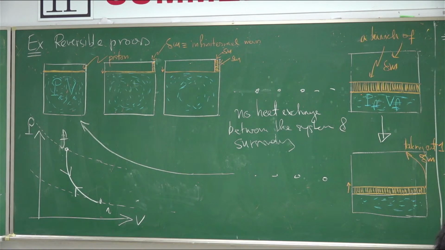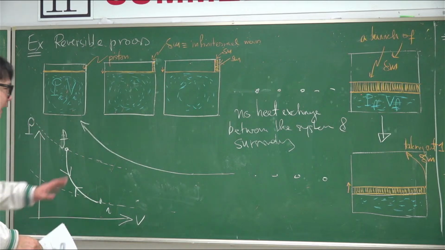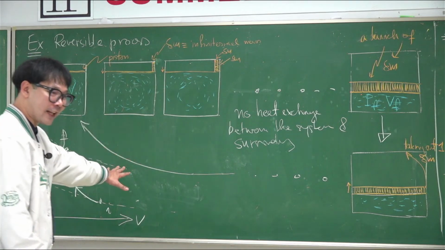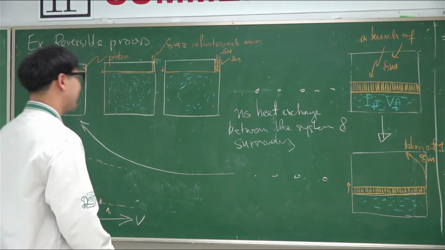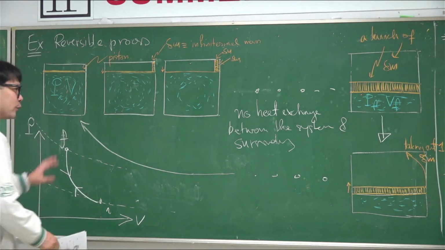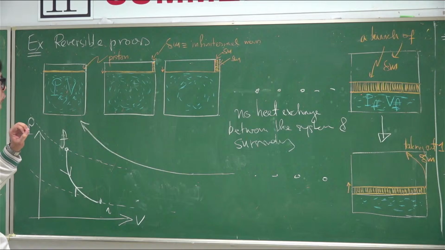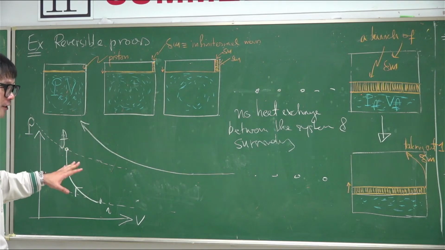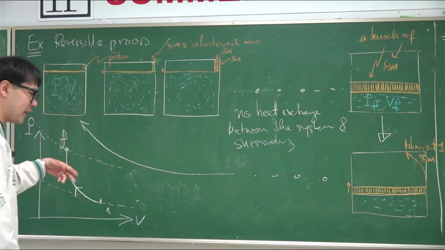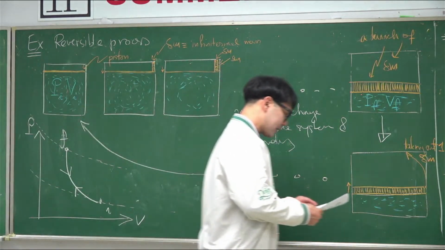Yeah, we're going to discuss this property next time. Okay, so this is the way that we can ideally create a reversible process. Okay, and we're going to use this to construct the heat engine. We'll consider the heat engine next class. Okay.